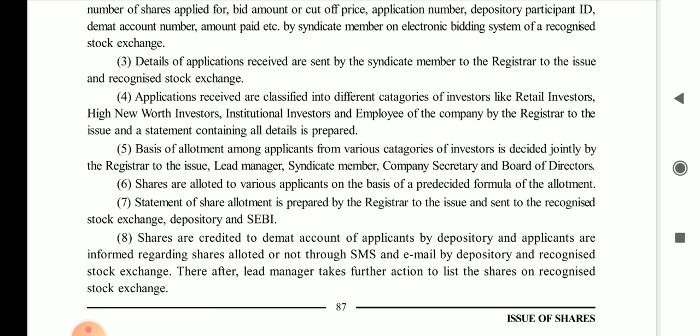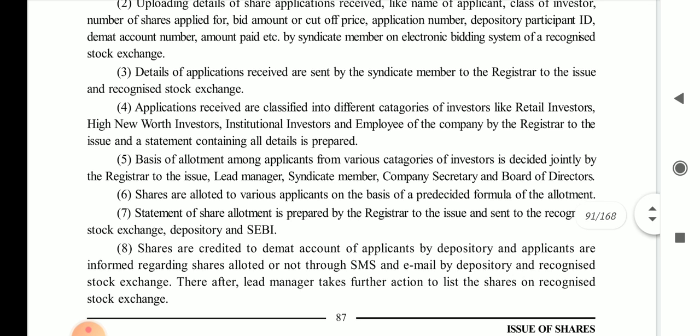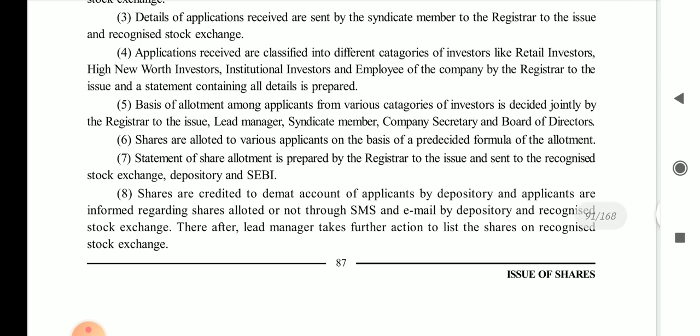So this is the basis where only 50 shares are given where the application was for 100. This basis is generated by the lead manager, registrar to the issue, syndicate member, company secretary, and board of directors. All these persons meet at one place and decide a basis for the allotment.